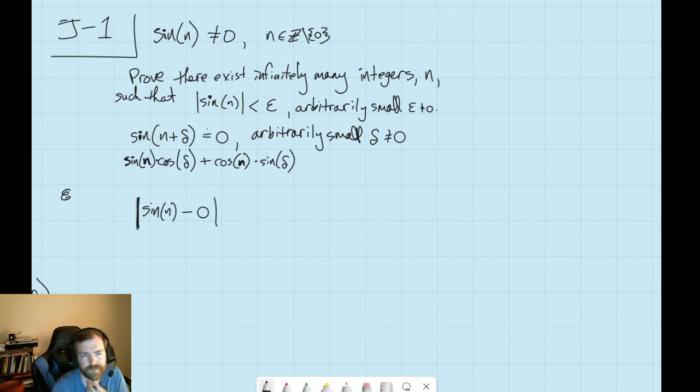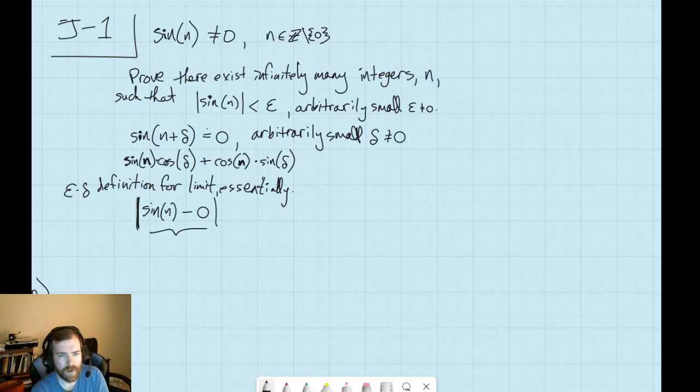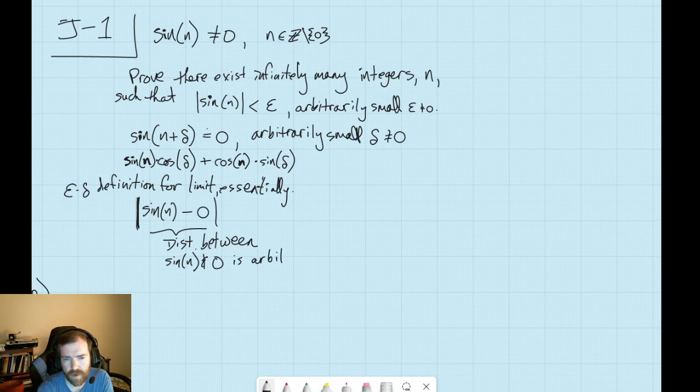So the distance between sine of n and 0 is arbitrarily small, so it's less than epsilon.